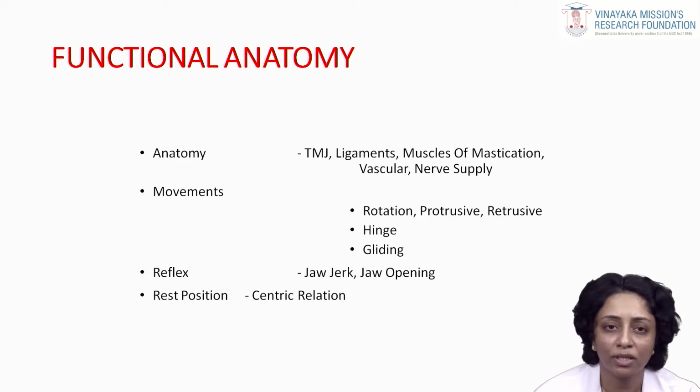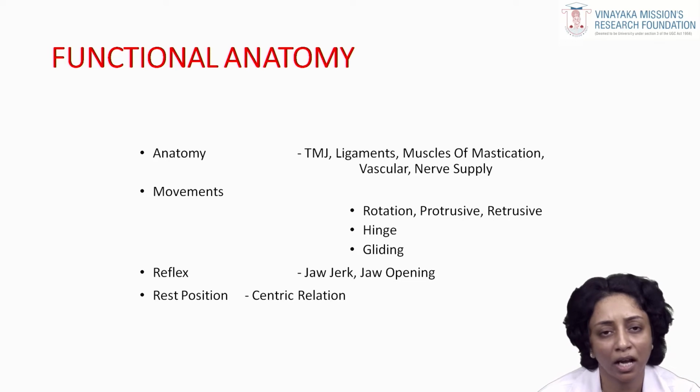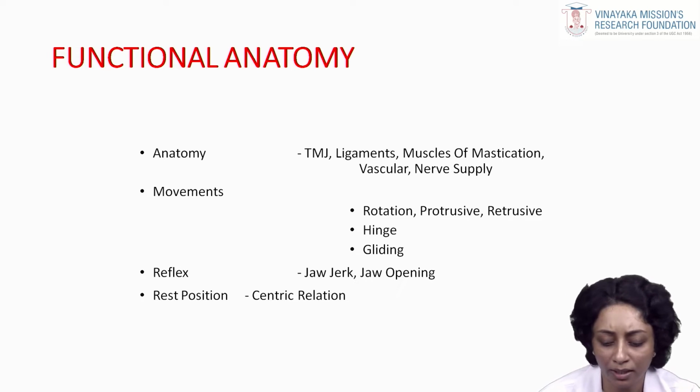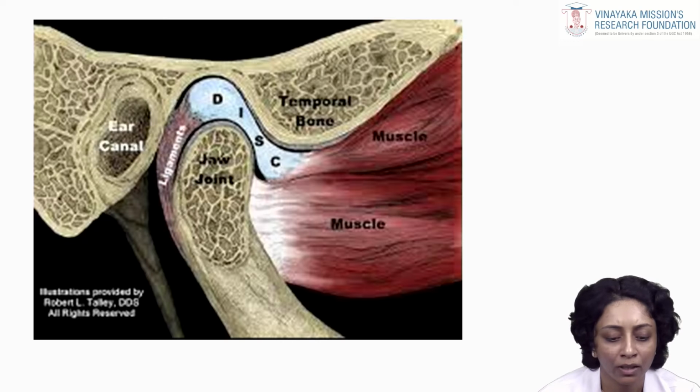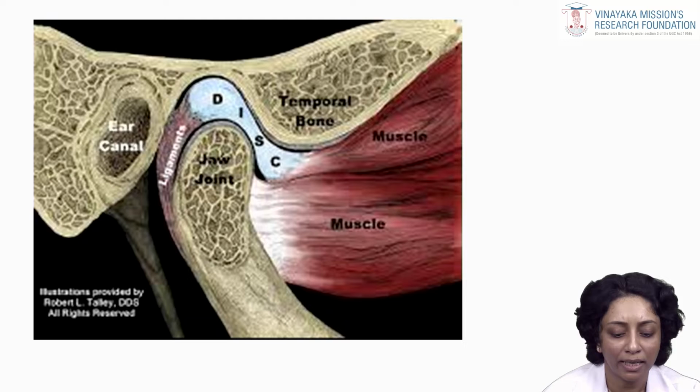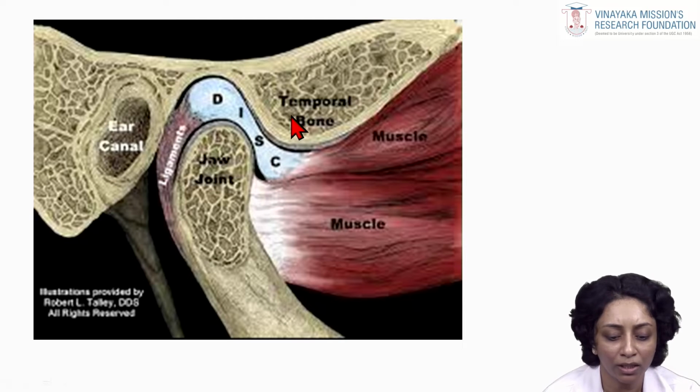The TMJ is ideally placed in centric relation, that is, at the time of closure the TMJ disc is in resting position in the glenoid fossa. So, these pertain to the functional anatomy of the TMJ. This picture will tell you the location of the TMJ.